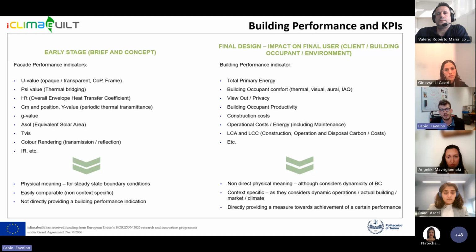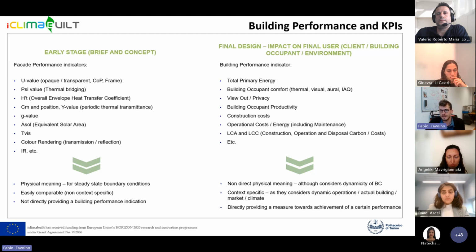So for this kind of non-standard building envelope solution, but in general, to provide a measurement of the final building performance, the metrics that we use are those that provide a measurement of the service of what the building does, which are much easier to calculate and to verify in the final part of the project.